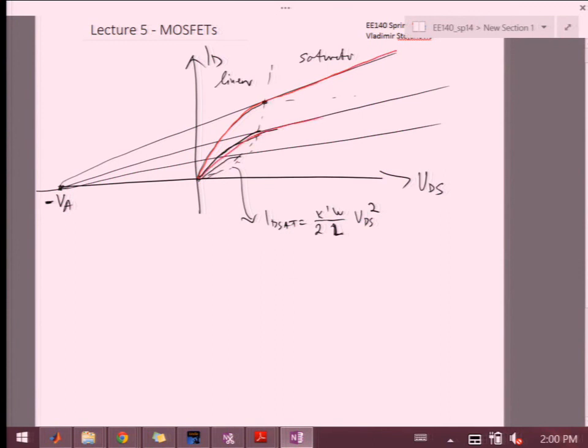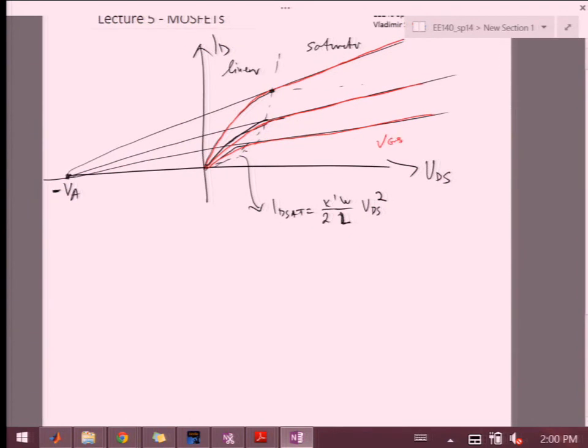So those are going to be my transistor curves of drain current versus the voltage. And of course, each one of these will be for a certain VGS. This is VGS2, VGS3, and obviously this one is bigger than this one and bigger than that one.